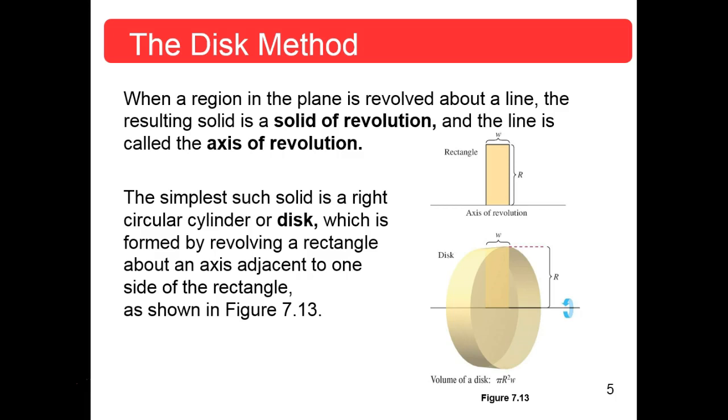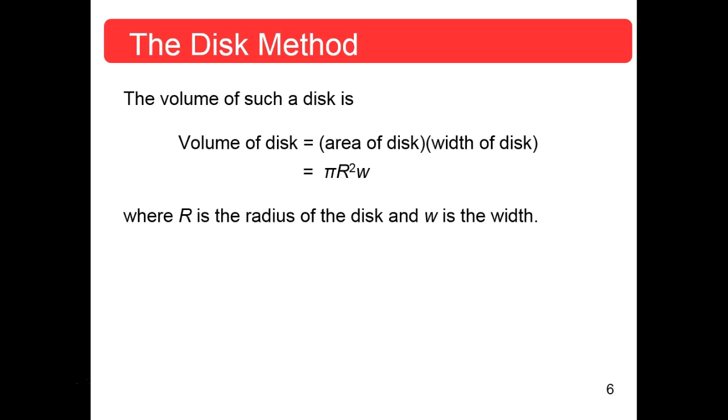Any questions on that? Does it make sense? Okay. Now, volume of such a disk is the area of the disk times the width of the disk. Okay? That's what volume is. Area of the base, if it's a regular shape, times the height. Okay? And the area of that disk was pi times that.